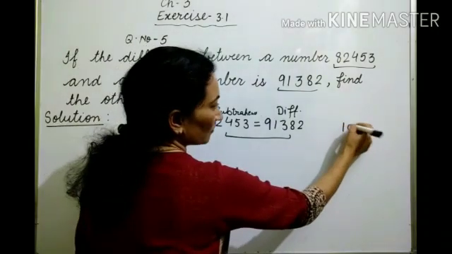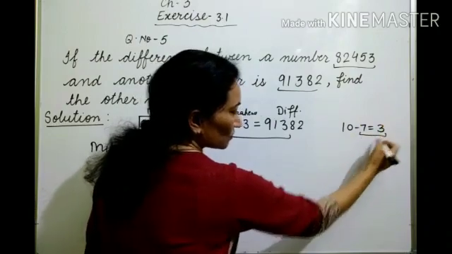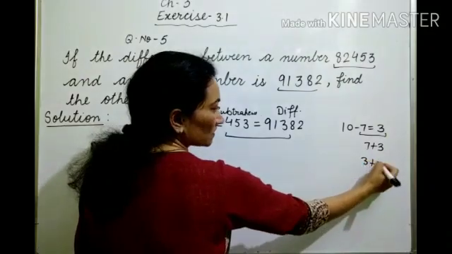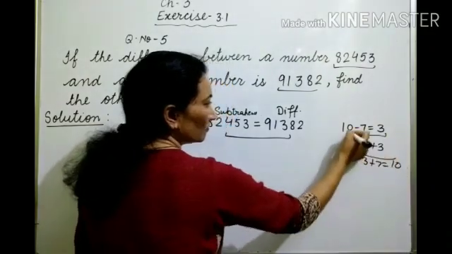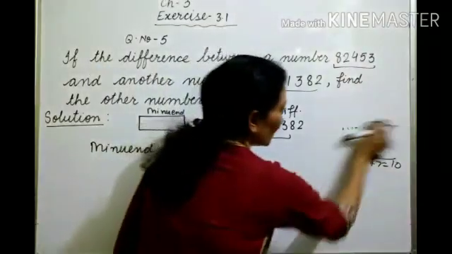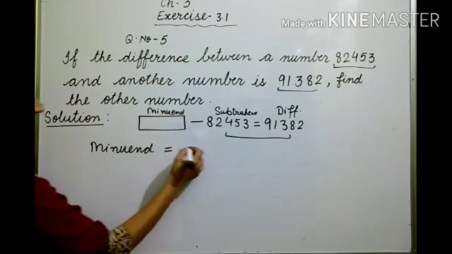Like 10 minus 7 is 3. If we add these two numbers, 7 plus 3 or 3 plus 7, then 10 will come, means minuend will come. So we will apply here this method and we will find greater number.